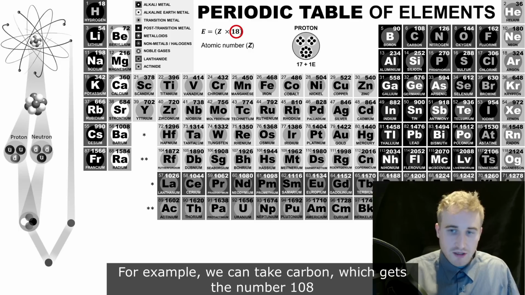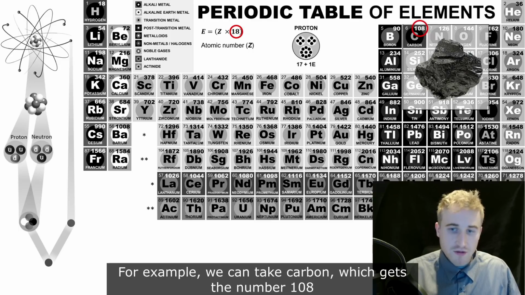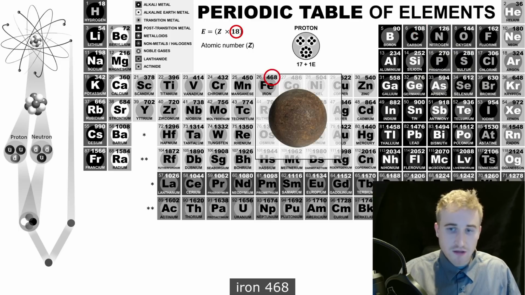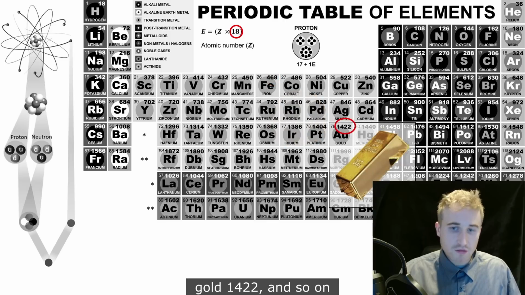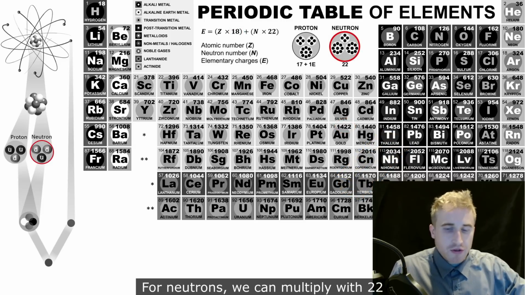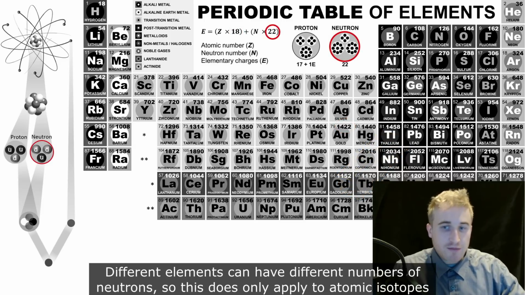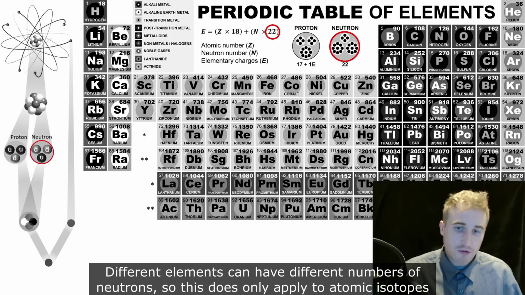For example, we can take carbon, which gets the number 108, iron 468, gold 1422, and so on. For neutrons, we can multiply with 22. Different elements can have different numbers of neutrons, so this does only apply to atomic isotopes.